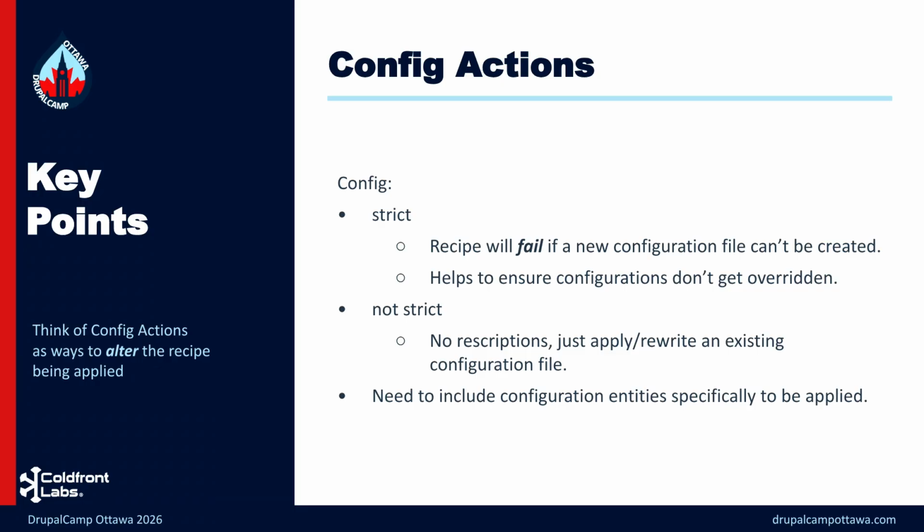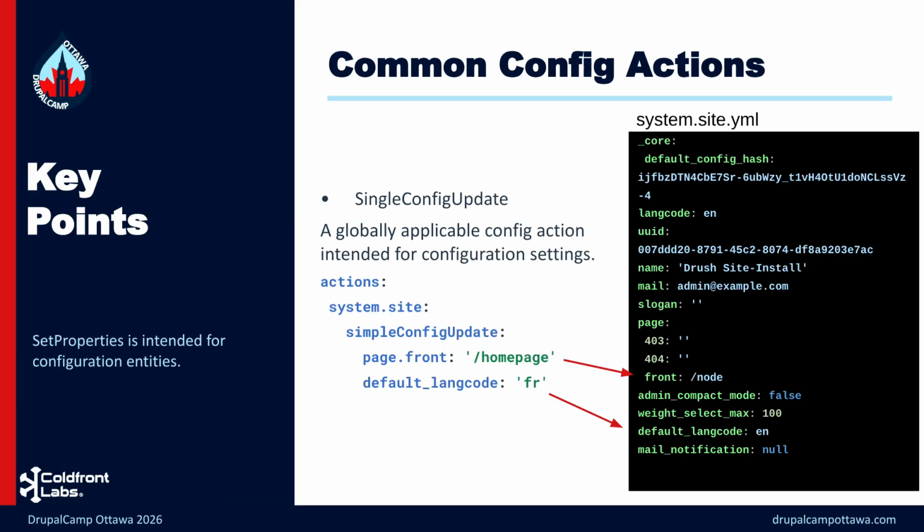Those are all configuration entities, and recipes need to have them defined in your recipe YAML to be applied. But settings that are added through a module install, for example, you don't have to declare within the recipe. When the module installs, it'll add all of its default config and things that are needed there. And if you don't need to change them, or if you only want some of them to run, you can also change that.